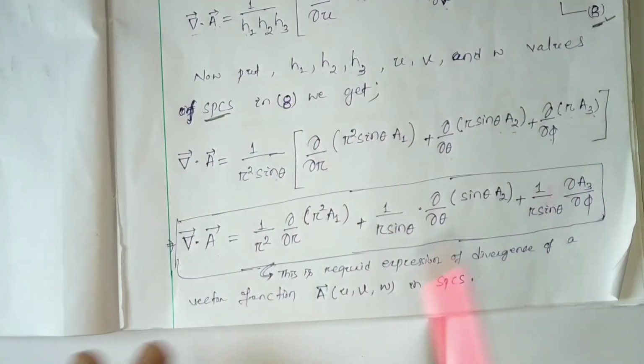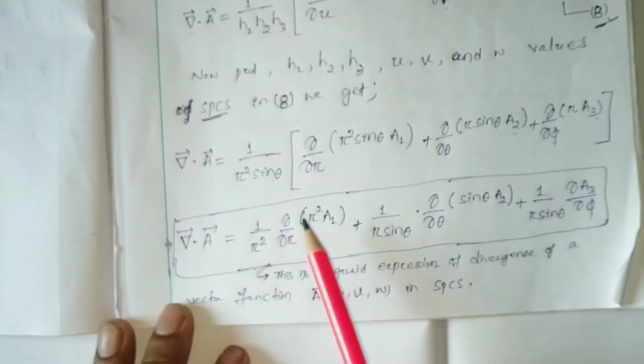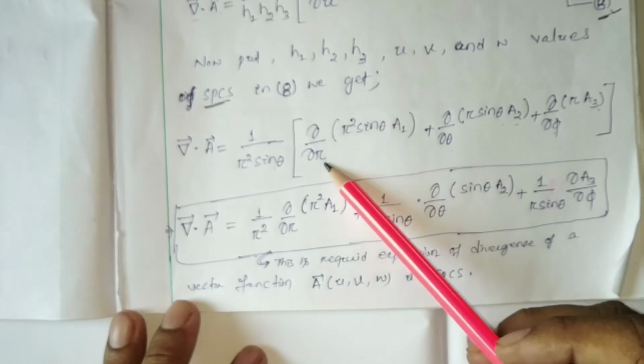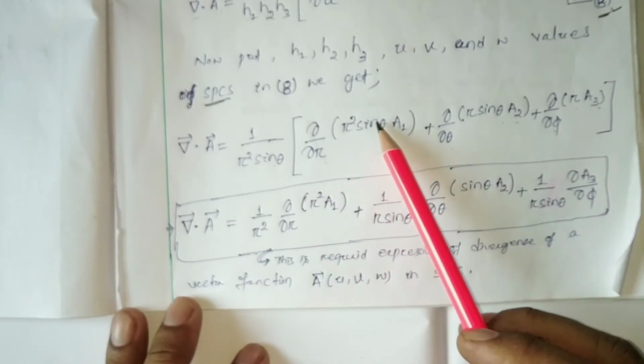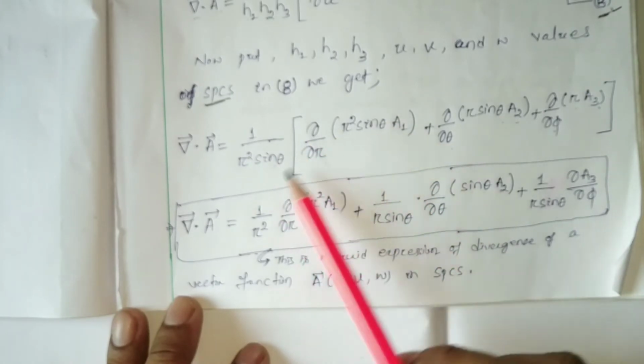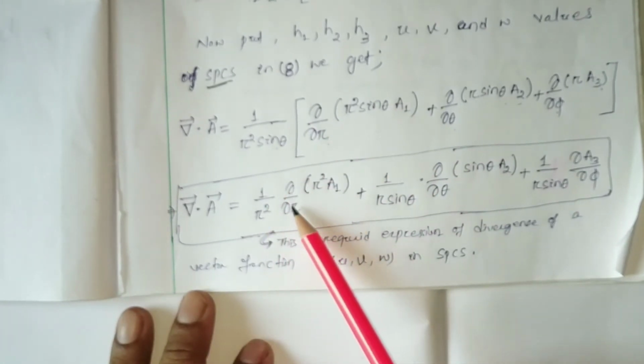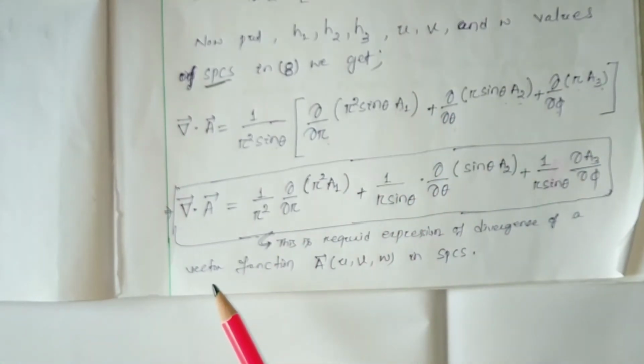So now I am going to multiply this term with this. Here you can see this is del by del r. Sin theta will be constant and taken outside, so sin theta got cancelled. We found 1 by r square del by del r of r square a1.